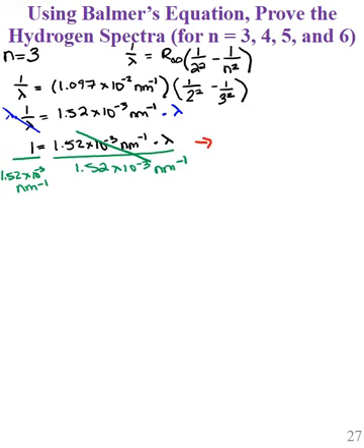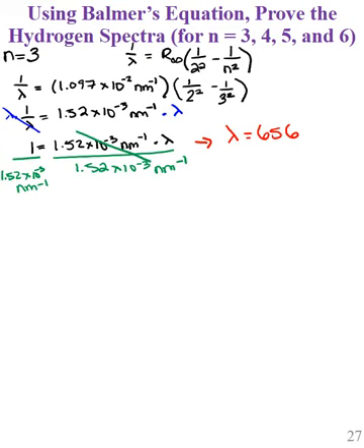So now, my wavelength will be 1 over 1.52 times 10 to the negative 3, and I will get 656 roughly. What unit will this have? Okay, here you have 1 over inverse nanometers.